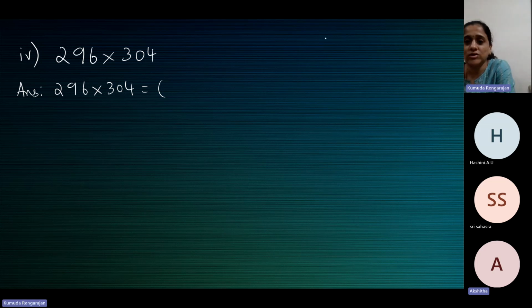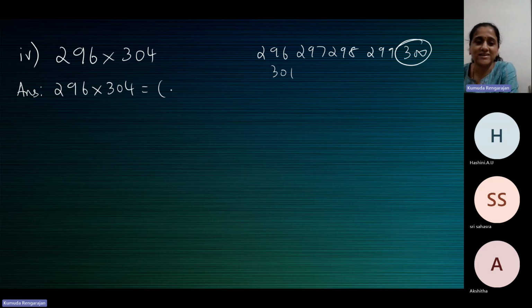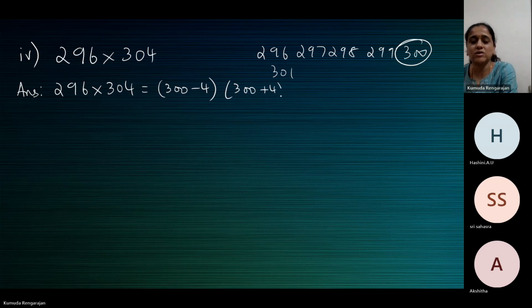Just see, 296, 297, 298, 299, 300, 301. So you must write 296 as 300 minus 4 and 304 as 300 plus 4. Got it now?